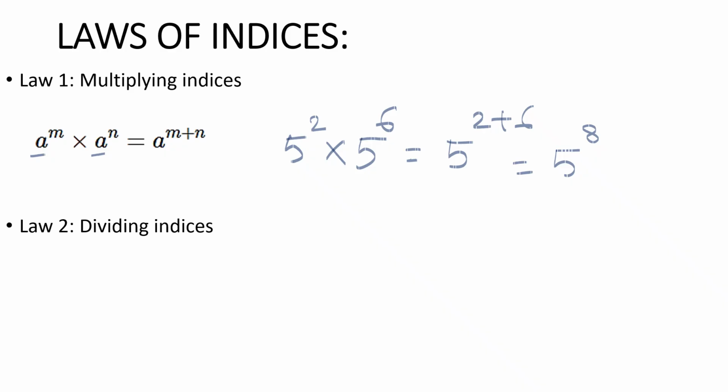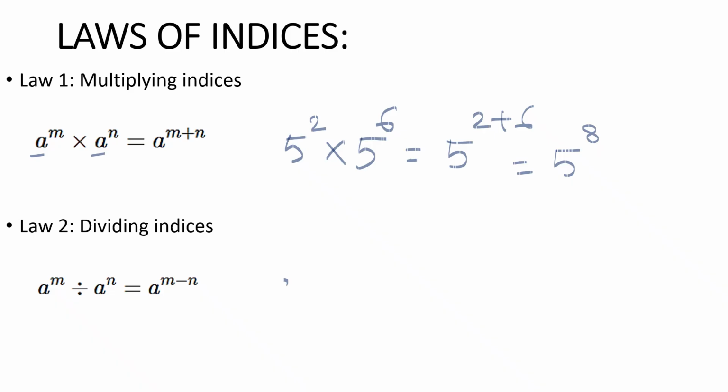Now next we have dividing indices. How does it work? Let's just say I have a to the power m divided by a to the power n. If the operation is division, you will write the base one time and then you will just subtract the powers. Let's take one more example.